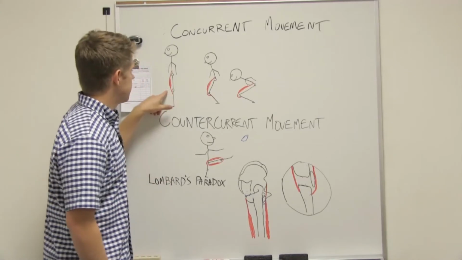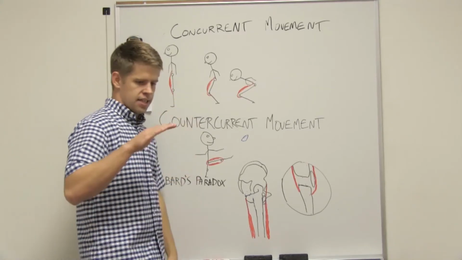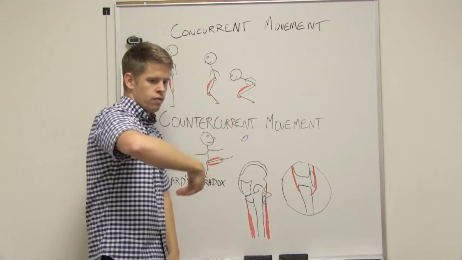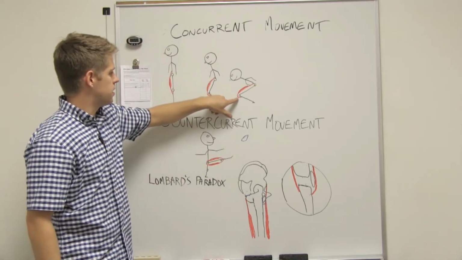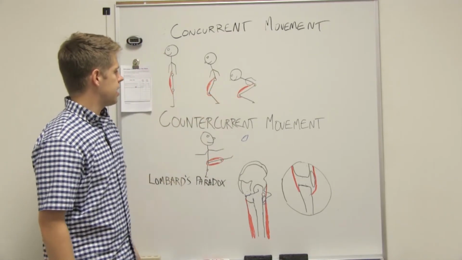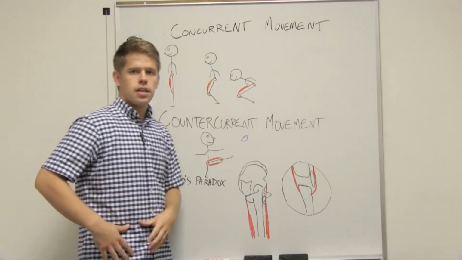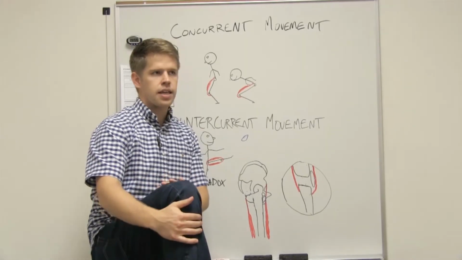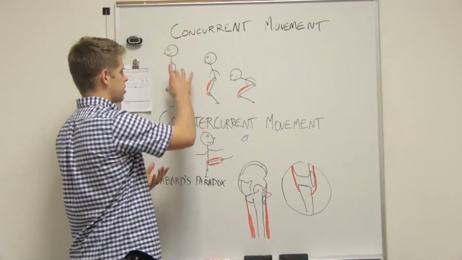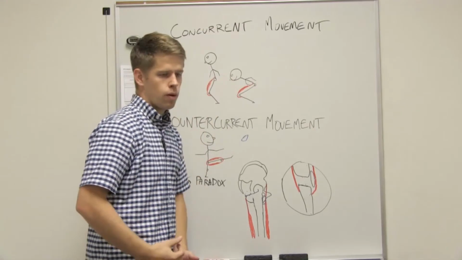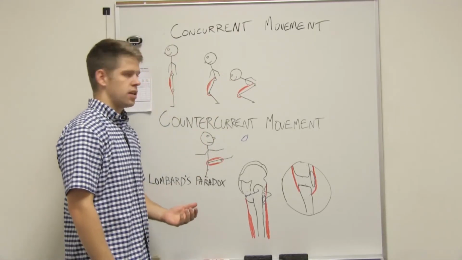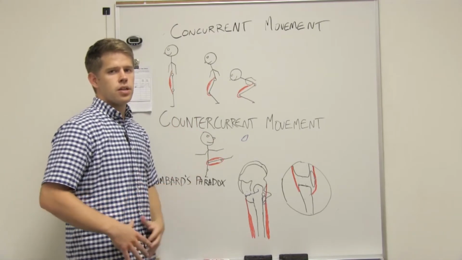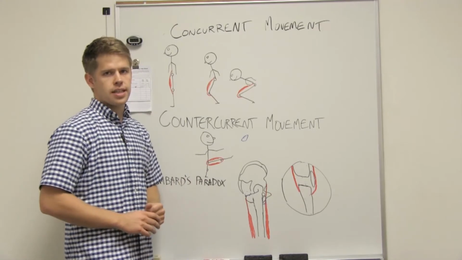But at the same time at the knee, as your knee is flexing, the muscle has to stretch over the patella, and it lengthens at the knee. So simultaneously, you have your muscle shortening at your hip, but also lengthening at your knee. But overall, it's not actually lengthening or shortening, it's just moving forward as you go down into the squat position. And that is a concurrent movement pattern to maintain maximum power in the slightly stretched position of your muscle.